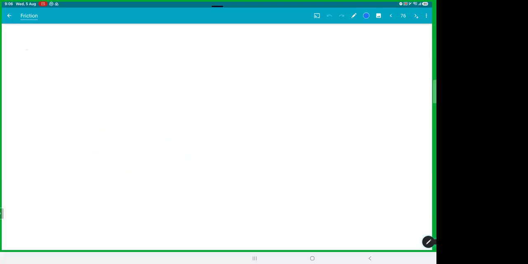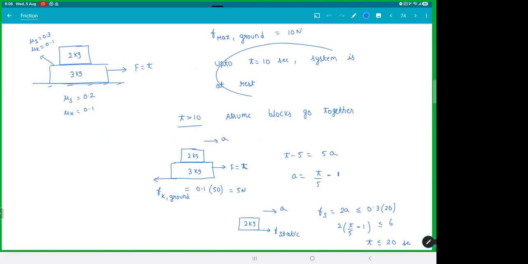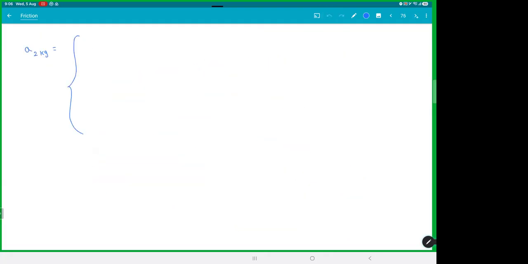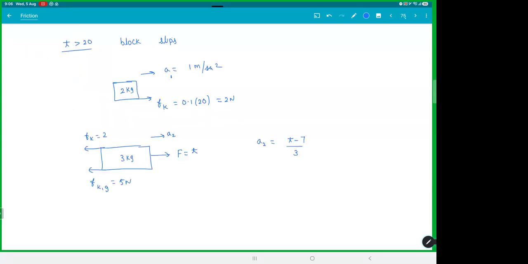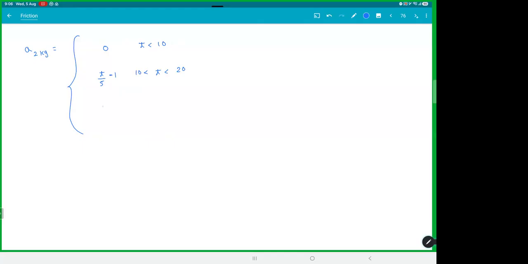Now, if I just put all the accelerations, acceleration for the 2 kg block: initially what was acceleration? 0, then t by 5 minus 1. So 0 for t less than 10 seconds, t by 5 minus 1 for t between 10 and 20, then it is 1 for t greater than 20.